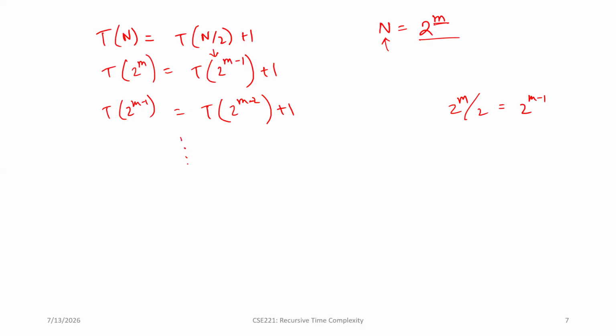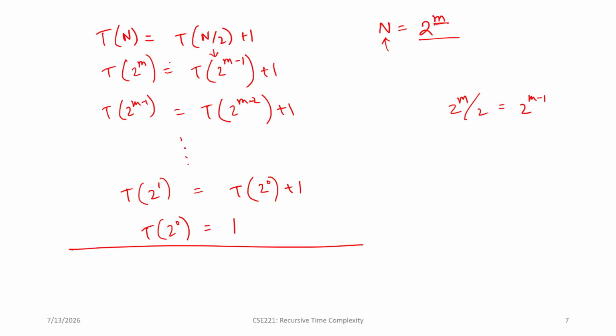This will go down to T of 2, where the power is just a single one. T of 2 to the power 1 is equal to T of 2 to the power 0 plus 1. T of 2 to the power 0 is just 1, which is the base case.